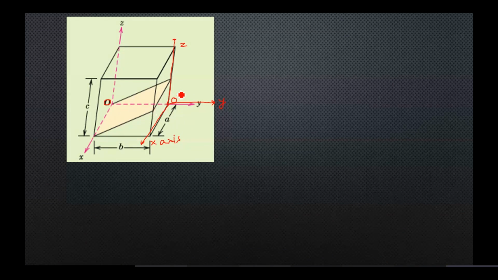Now if I look at this plane and I write down X, Y, and Z, is the plane passing through or intersecting the x-axis, the newly drawn positive x-axis? No, sir. So I'll write infinity. Is the plane intercepting my y-axis?